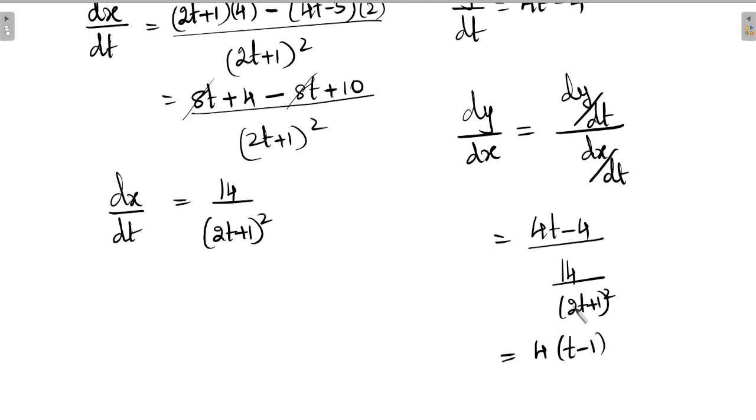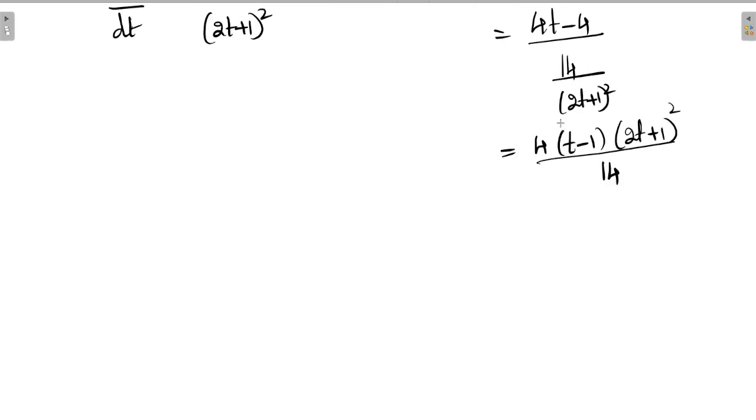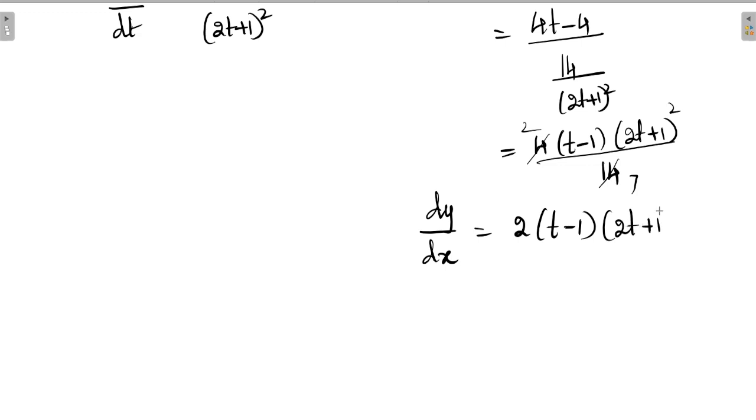The denominator will turn to a reciprocal, so it turns to the numerator, that is 2t plus 1 the whole squared divided by 14. Now these 4 and 14 we can cancel by the common factor of 2. So dy by dx is equal to 2 times t minus 1 into 2t plus 1 the whole squared divided by 7. This is the differentiation.